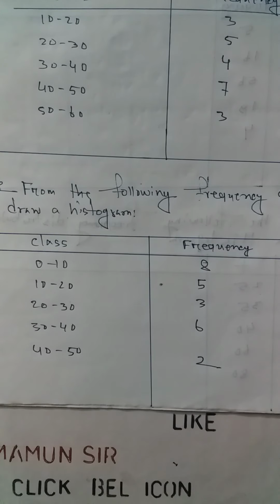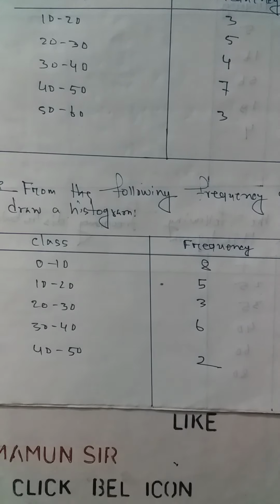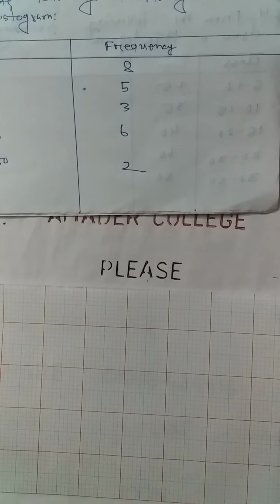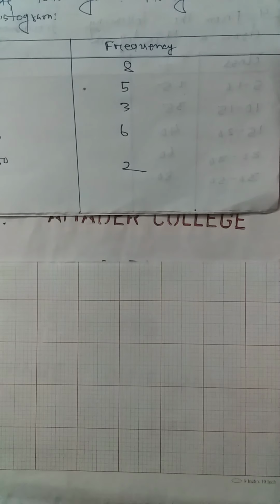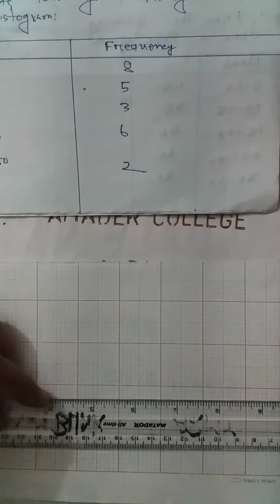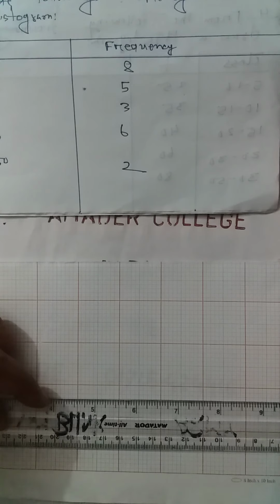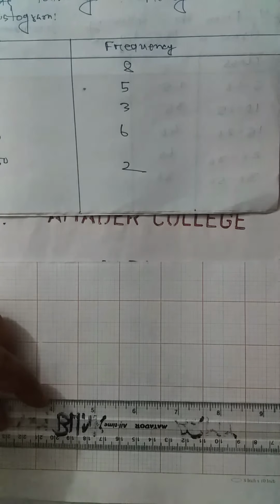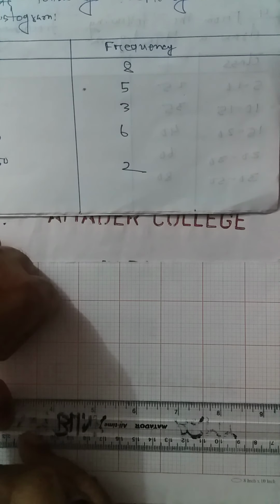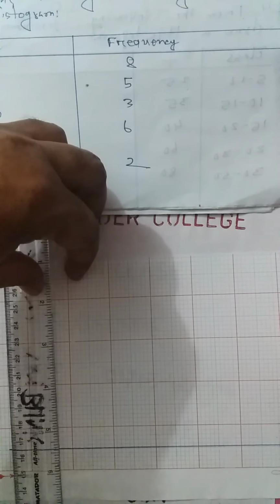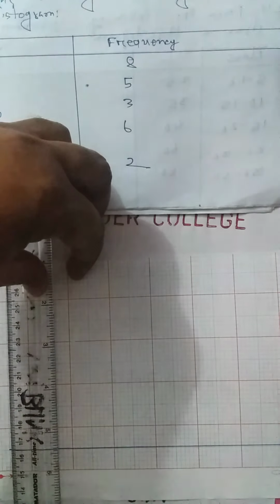Now we see how to draw the frequency histogram if the first class is 0 to 10. You follow the drawing system.